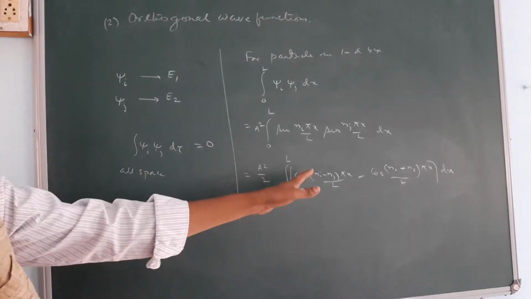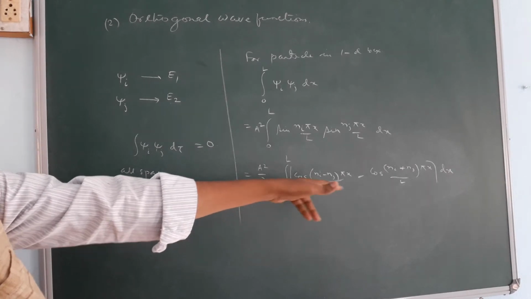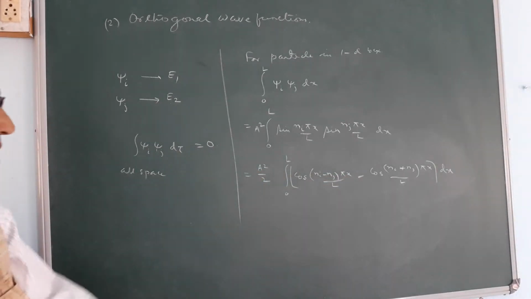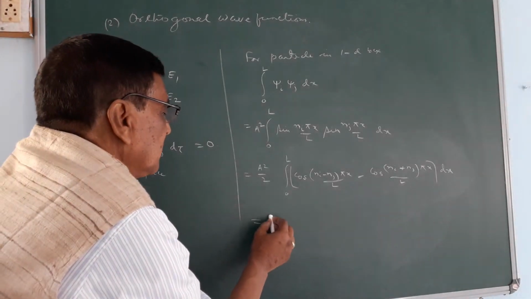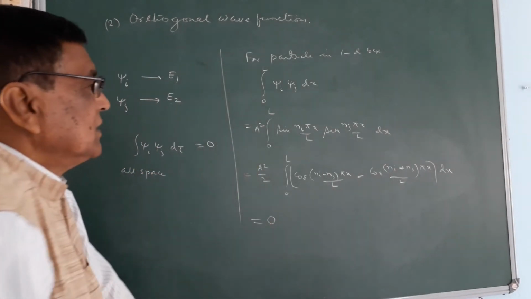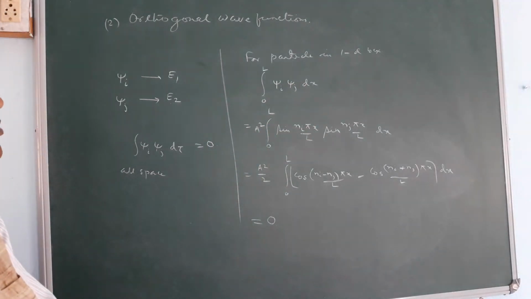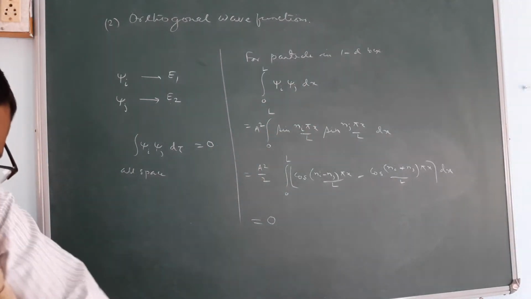So if we do these integrations separately and find the result, then automatically this comes equal to 0. That means psi i and psi j are orthogonal to each other.